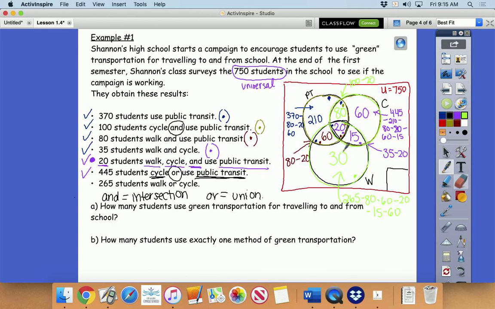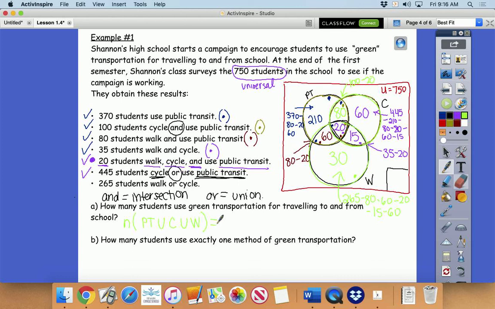So what we're going to do right now is add up all these pieces together. It says how many students use green transportation for traveling to and from school. So that would be like saying the number of students that use public transit or cycle or walk. That would be all the parts of the circles.